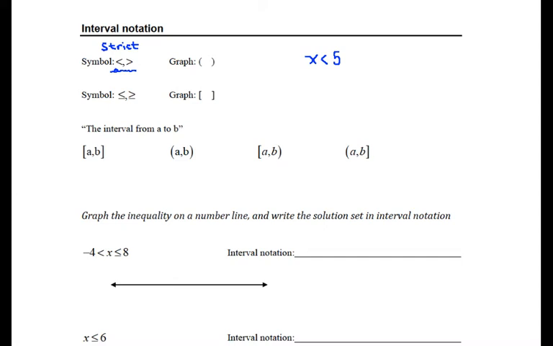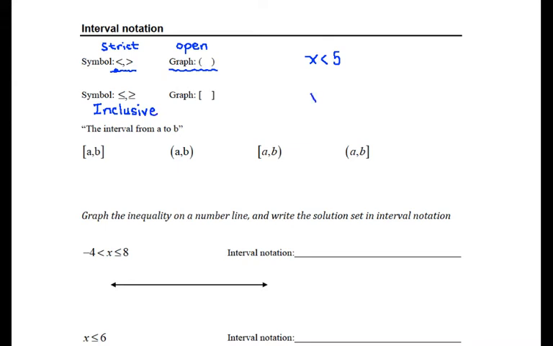If we have a strict inequality, generally that's going to correspond to a round, what we'd call an open interval bracket, which is basically a parenthesis. If we have instead an inclusive inequality, like these less than or equal to or greater than or equal to examples, we call these inclusive.